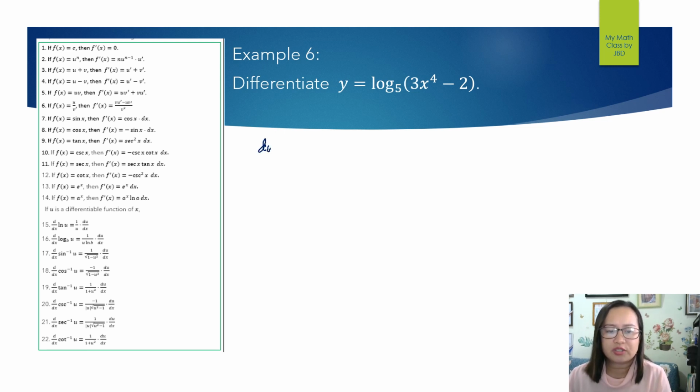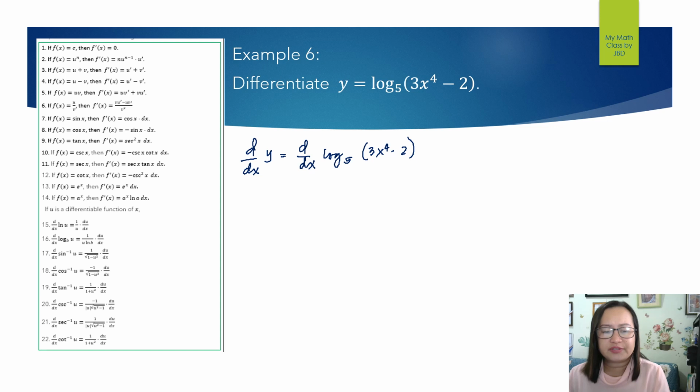So just like what we did in the previous example, we differentiate both sides of the equation, so we will have this. We get the derivative of y, so we will have dy/dx. Now to get the derivative of the logarithmic expression, we will use rule number 16.